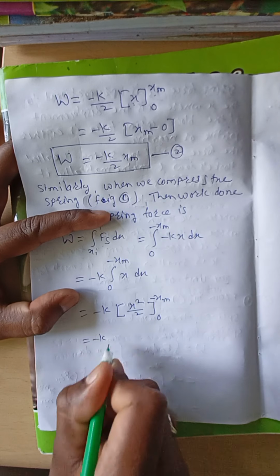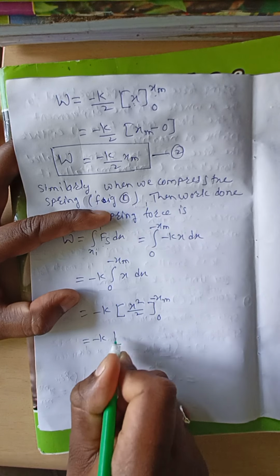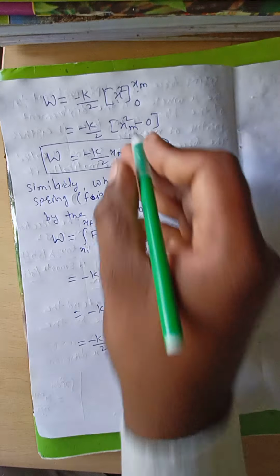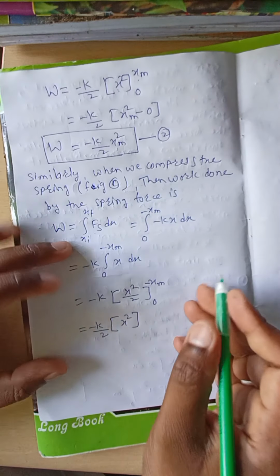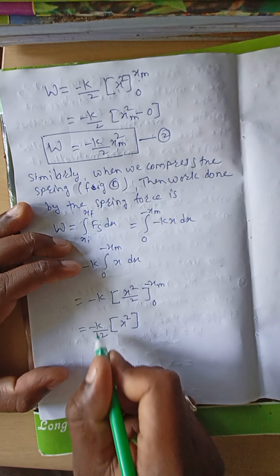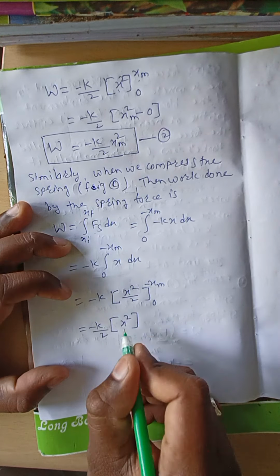This is equal to minus k divided by 2, which is also constant, times x squared, with limits 0 and minus xm. Now this is equal to minus k by 2 into x squared, from 0 to the final point.